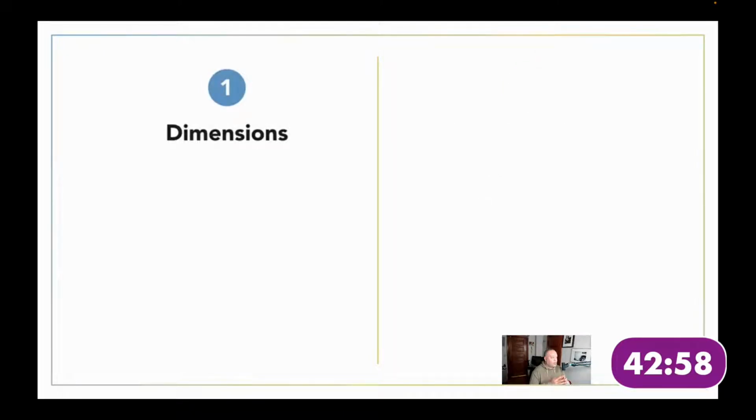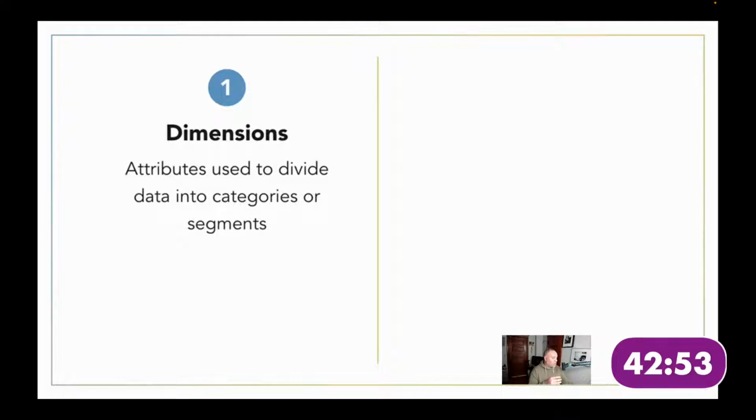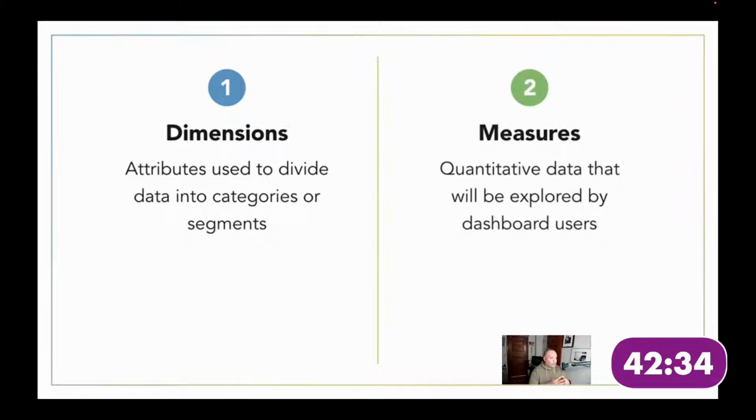You'll work with two different types of information on your dashboards. Dimensions are attributes that you use to divide your data into categories or segments. Use data field definitions to create dimensions that most accurately meet the organization's reporting needs. For example, you might want to create dimensions for geographic regions, departments, or other categories that are meaningful to your organization. Measures are numeric, quantitative values that a dashboard user can explore.